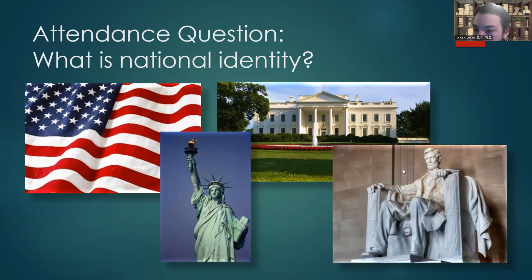Let's see what else. There's a lot of great stuff in here, but I kind of have to push along, right? So, thinking about all these things here, we have all these symbols that are considered to be belonging to or representing the national identity of the United States in particular. So we have things like the US American flag, right?